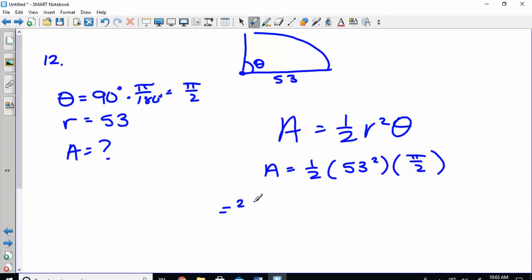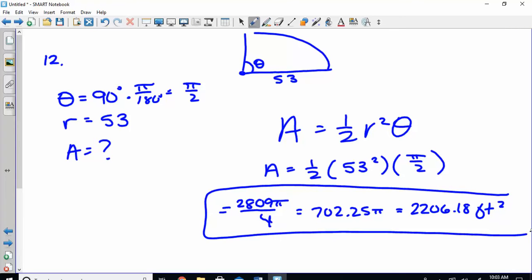You could say 2,809 pi over 4, or 702.25 pi, or if you multiply out your pi, 2,206.18 square feet for the area. Will you send one? Yeah. And if I don't specify, I would accept any. Okay.